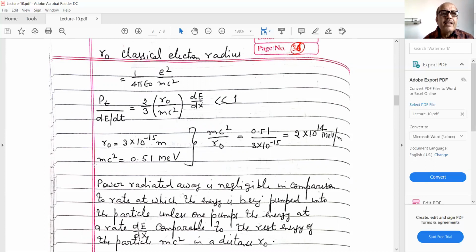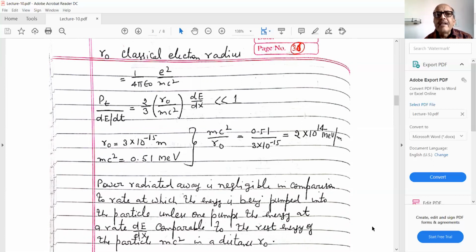The rest mass energy of the electron is 510 kilo electron volt, or if you write it in million electron volt, it is 0.51 million electron volt. If you calculate this ratio, it is energy upon distance, and here it is dE upon dx. So mc square upon r0, the ratio of the rest mass energy to the classical electron radius, is 2 into 10 to the power of 14 million electron volt per meter.